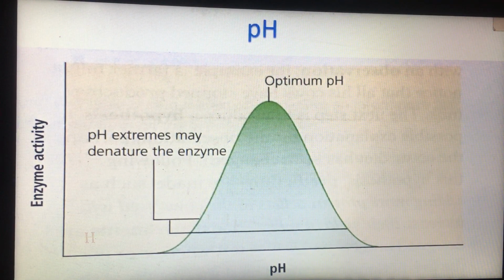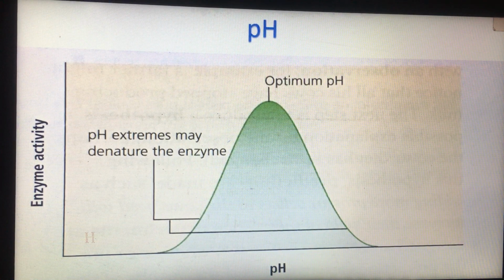For example, pepsin is an enzyme that works in the stomach and its optimum pH is around pH 2, which is strongly acidic.